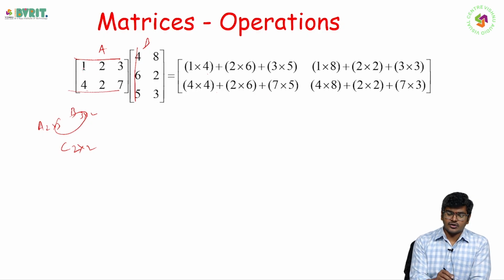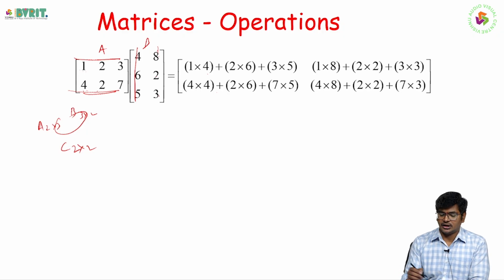Similarly, first row, second column: 1 into 8, 2 into 2, 3 into 3. And second row, second column: 4 into 8, 2 into 2, 7 into 3.